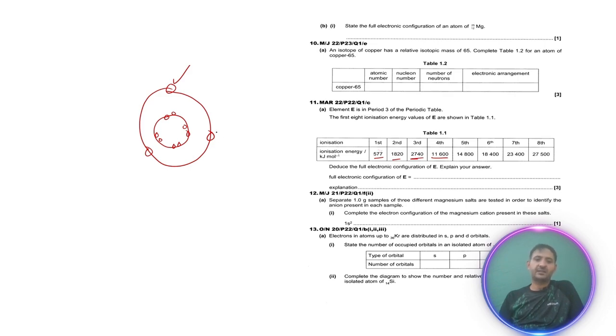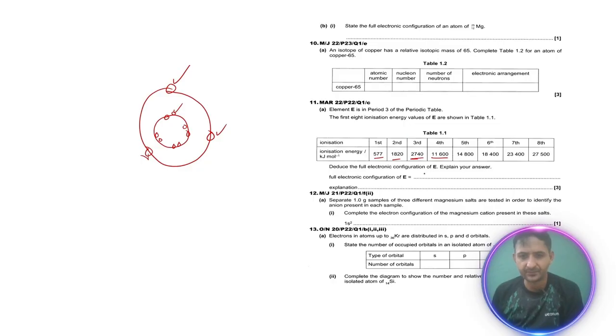If you remove the second electron, it requires 1820. If you remove the third electron, 2740. But the fourth one, removing an inner electron, means there are 3 electrons in the outermost shell of E.